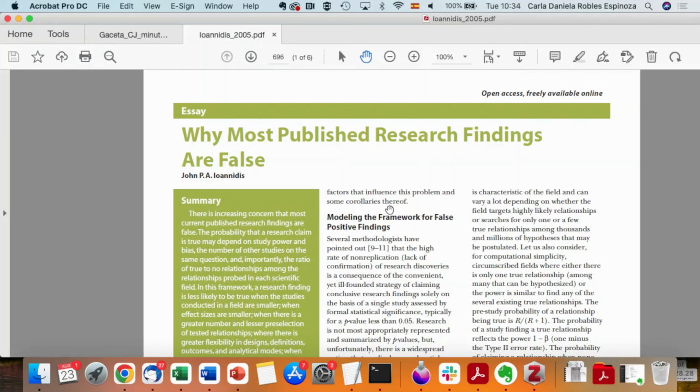Maybe, yes, this is a problem, I think we agree, but also many scientists actually responded to this paper saying, he has the right idea, but it's not as dramatic. And some people did follow-up studies and said, actually, if you look at biomedical research, we estimate that only about 20% of research findings are maybe not true. They used a different methodology. I can't remember exactly which one, but I've seen the paper.